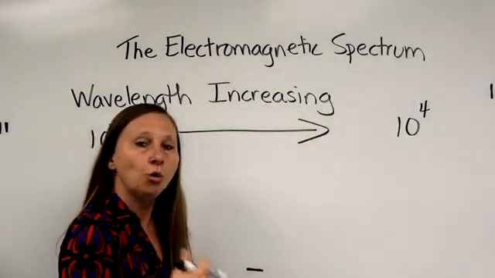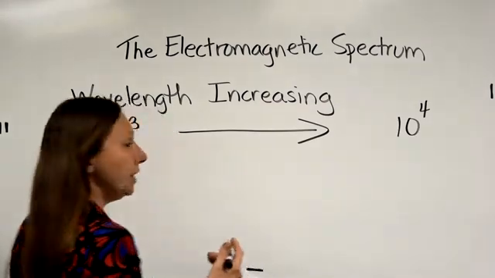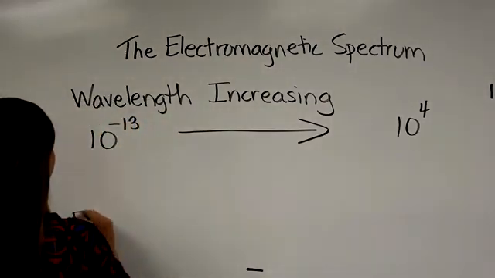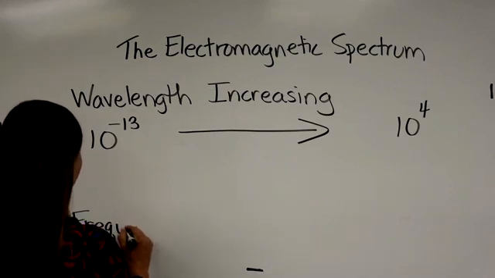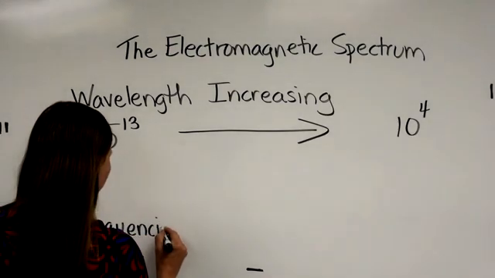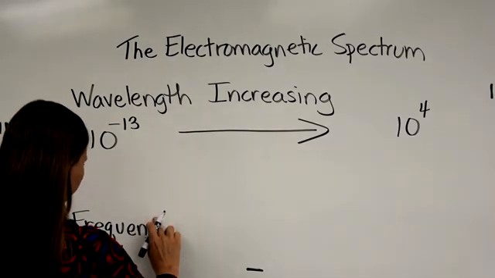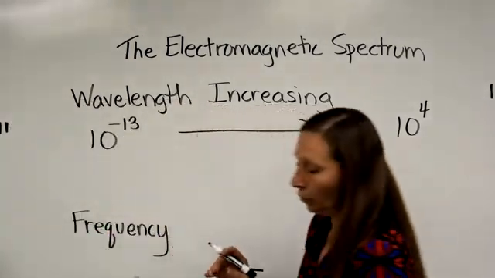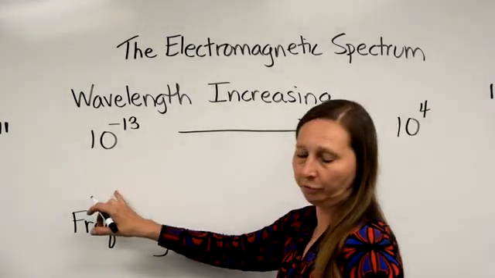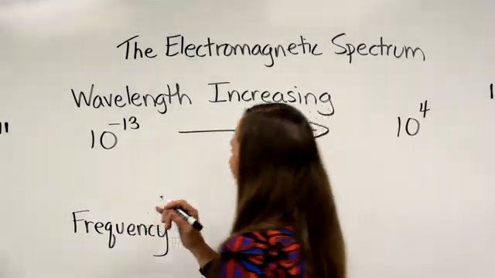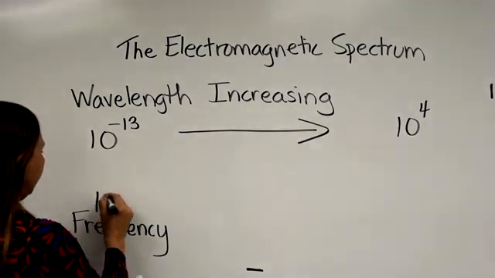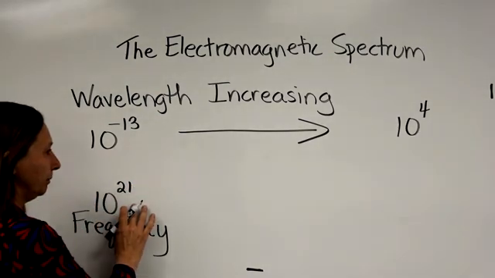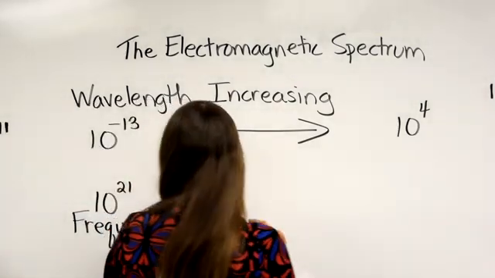Below that, you have numbers for frequency, listed on the bottom of the chart. The frequency on the left side is 10 to the 21st, a big number.